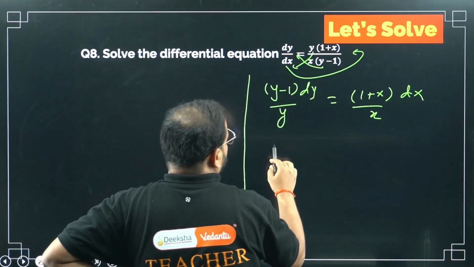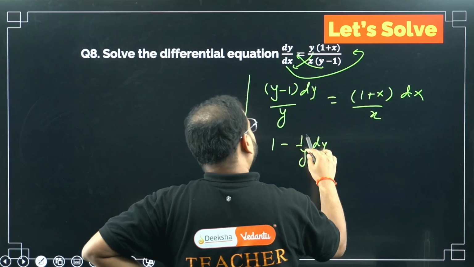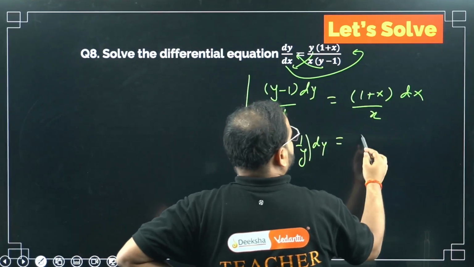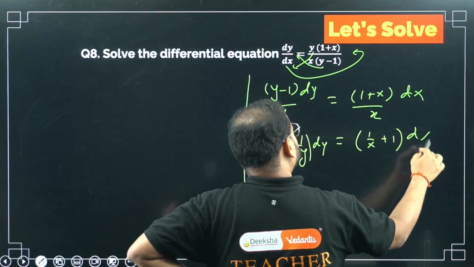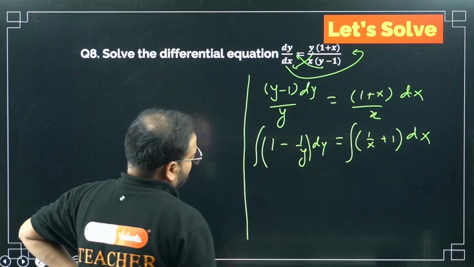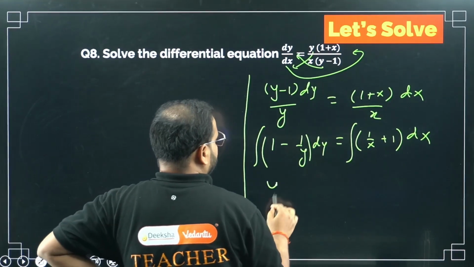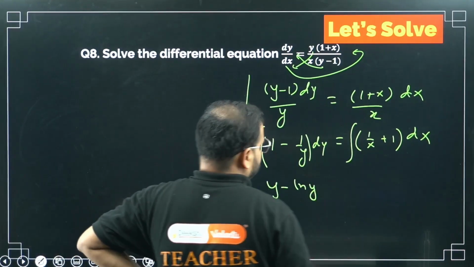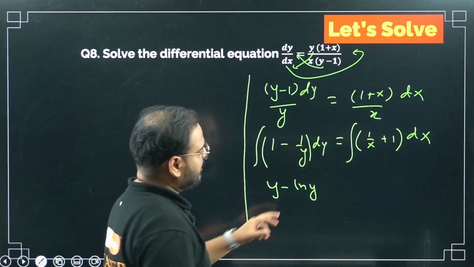Divide it. What I'm gonna get: (1 - 1/y) dy, whole thing equals (1/x + 1) dx. Rest is what? Integral. How much is that? Please check. This will be y minus ln y. For 1 I have y, for 1/y I have ln y.